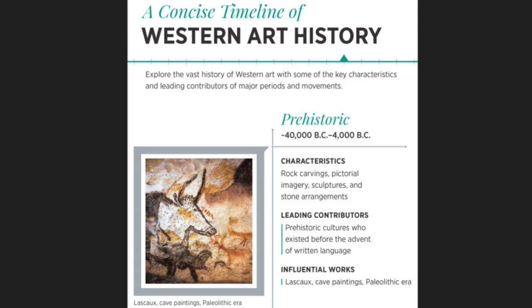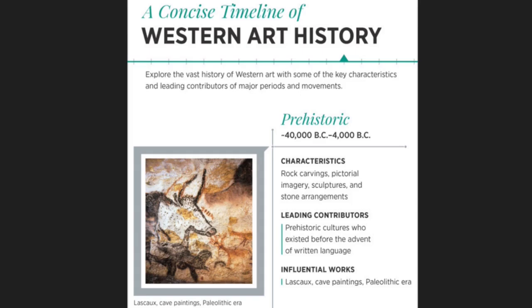Prehistoric art, roughly 40,000 to 4000 BC. The origins of art history can be traced back to the prehistoric era, before written records were kept. The earliest artifacts come from the Paleolithic era, or the Old Stone Age, in the form of rock carvings, engravings, pictorial imagery, sculptures, and stone arrangements.